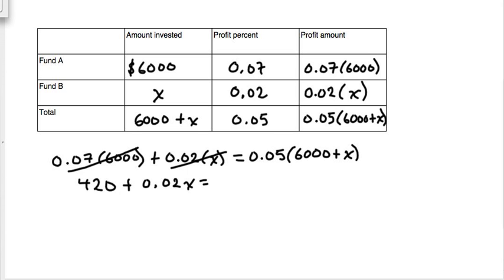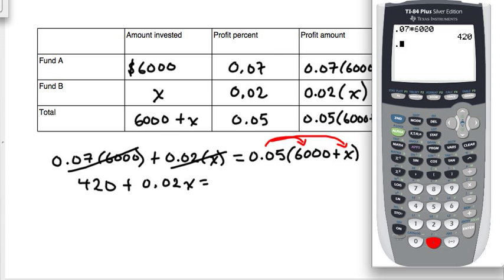On the right side, we're going to distribute the number outside the parentheses. So the 0.05 is distributed to the 6,000 and to the X. 0.05 times 6,000, let's plug that into the calculator, should get us 300.